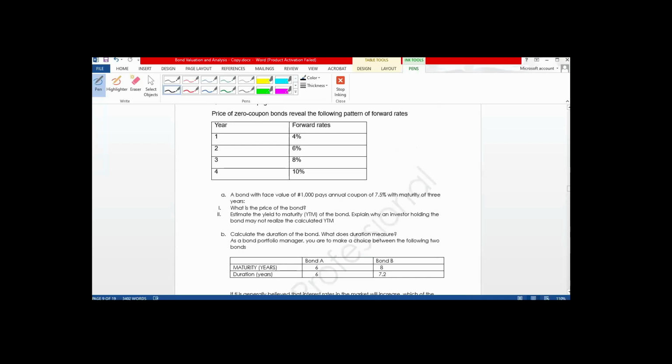Examiner says, part of requirement A2, explain why an investor holding the bond may not realize the calculated YTM. This question is frequently being tested.